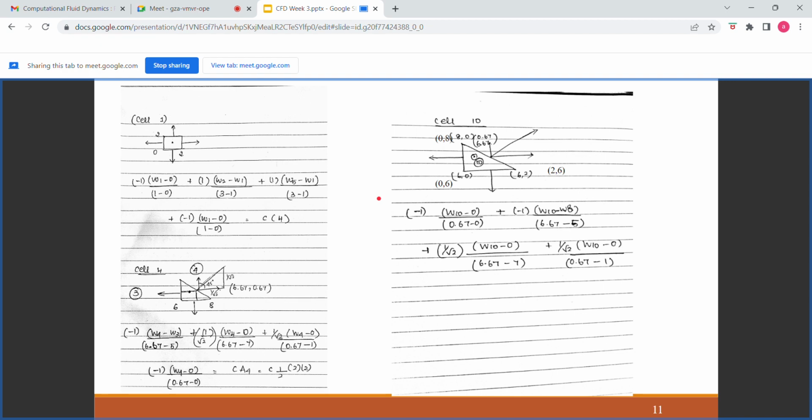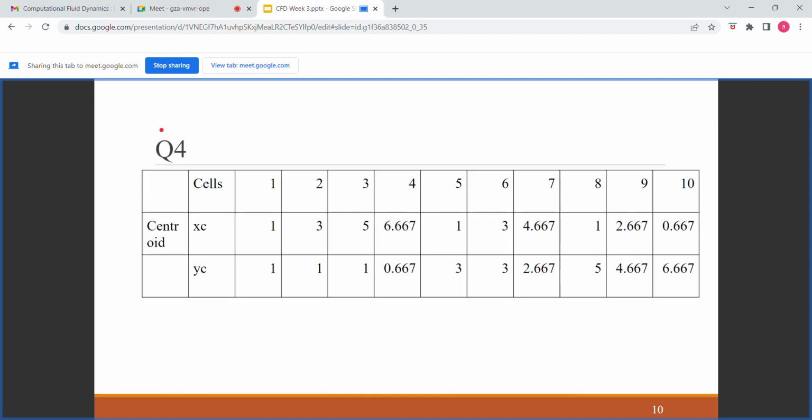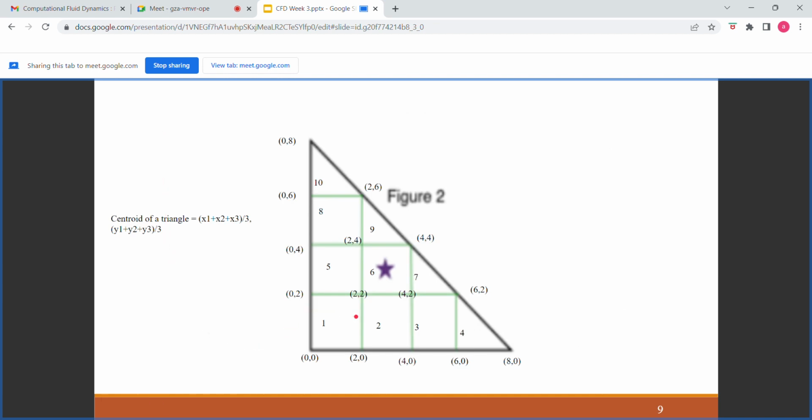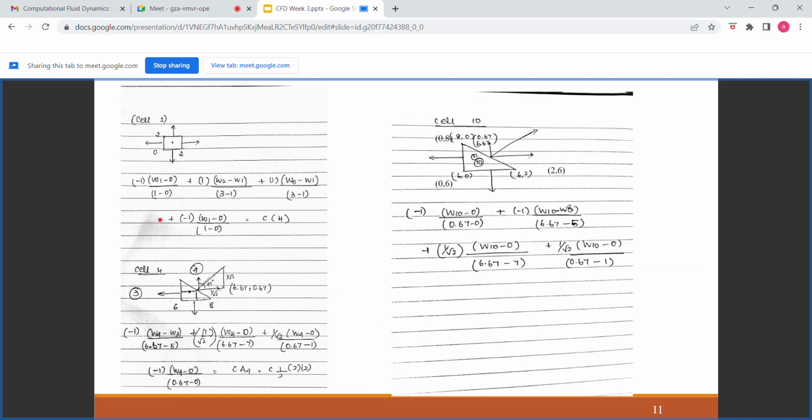After calculating this, we use nx into dou w by dou x plus ny into dou w by dou y, and the summation of all those terms on the left hand side. Considering cell 1, the corner cell, there are 4 different faces, so we write the terms separately for each.